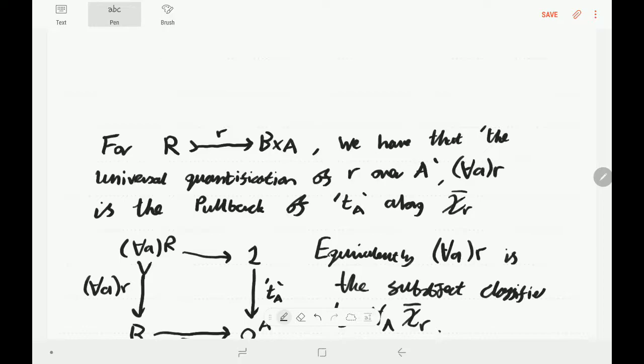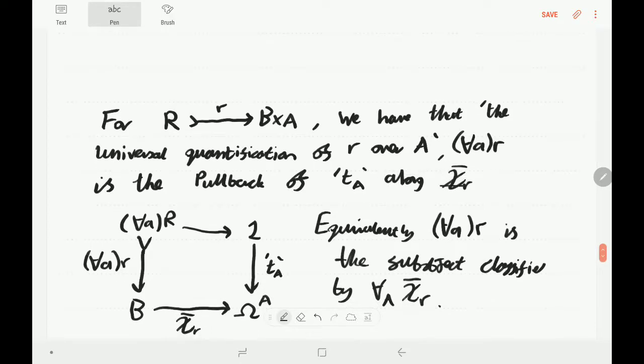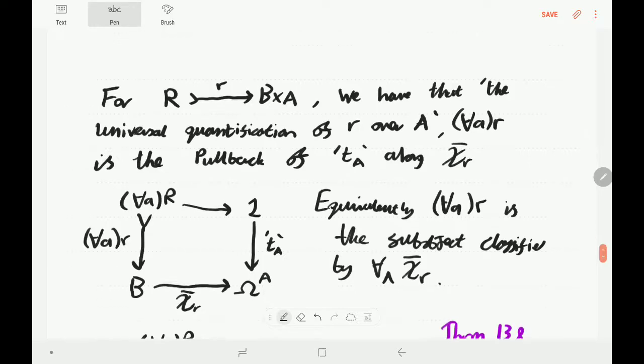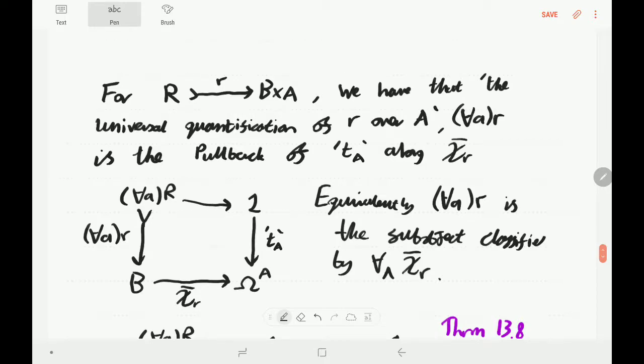Okay. And that's defined to be the pullback of the name of T along the transpose of the classifying arrow of R. Like so.